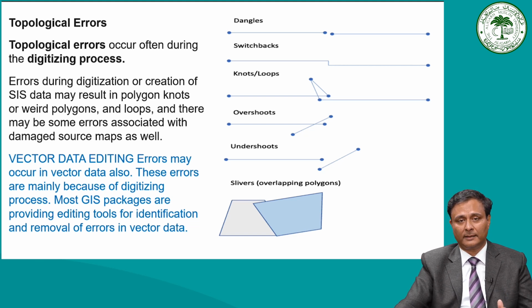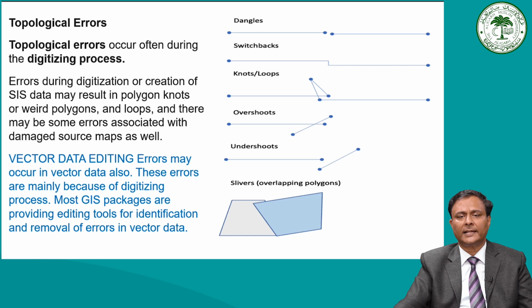I'm emphasizing polygons because topology is more concerned with polygons, but it is also concerned with point and line entities. So the arrangement of point, line, and area entities has some specific orientation, and if there is some kind of discrepancy in the arrangement of these spatial entities, that refers to topological errors.